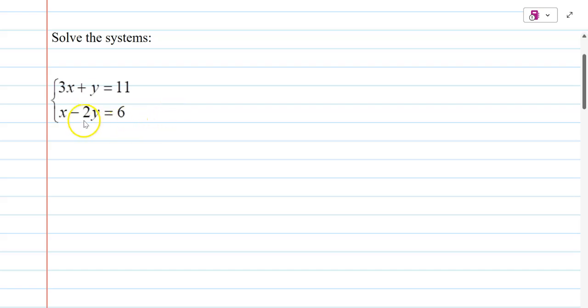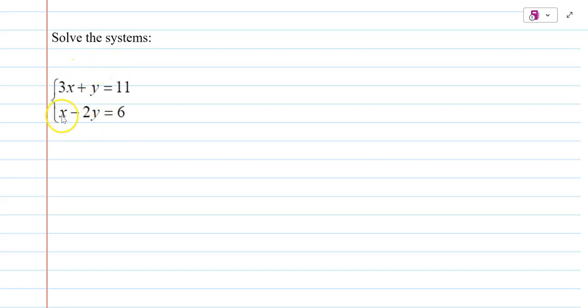The first thing we need to do, you notice that we have to eliminate one of the two variables, or we can substitute one variable over another, but I'm going to use the elimination method. So I'm going to eliminate x in this case, but you could, by the way, eliminate y. That's the beautiful part of solving a system of equations, because you have a choice.